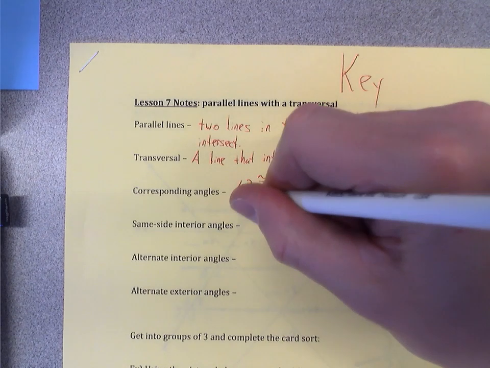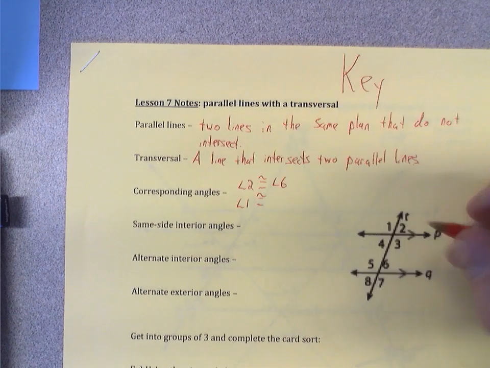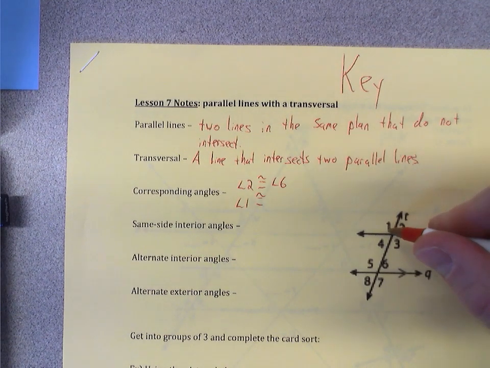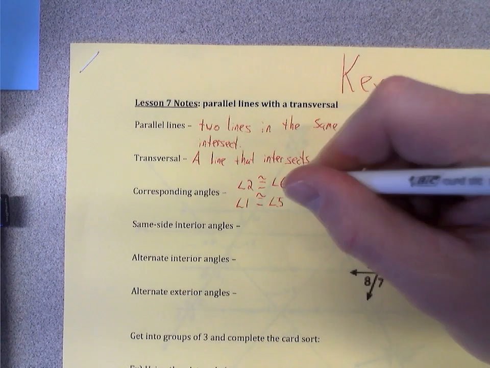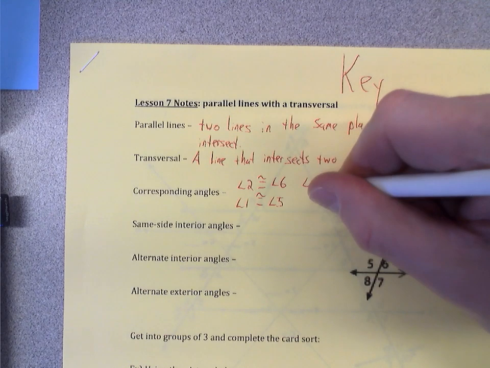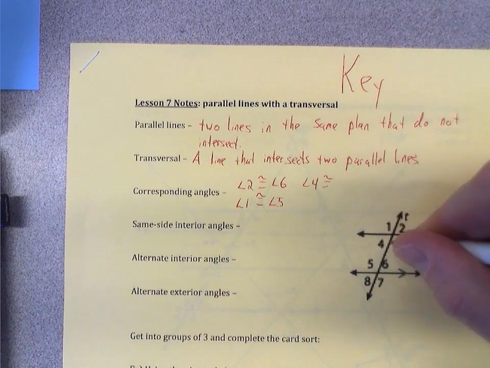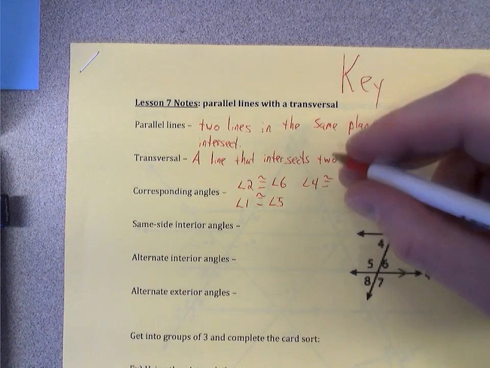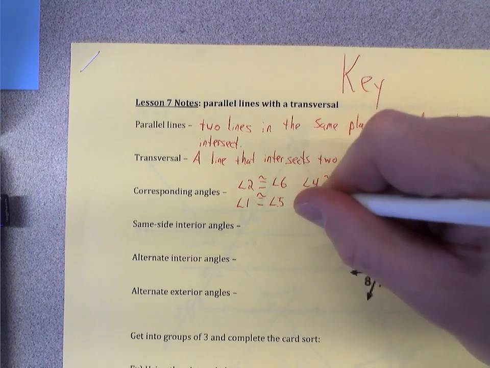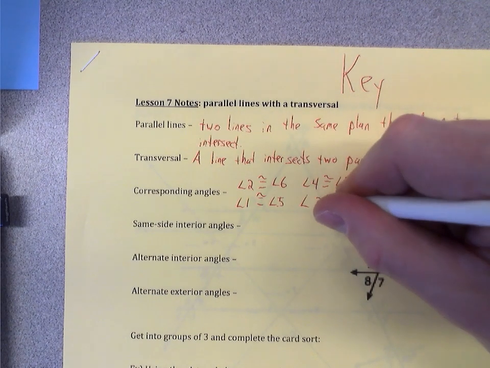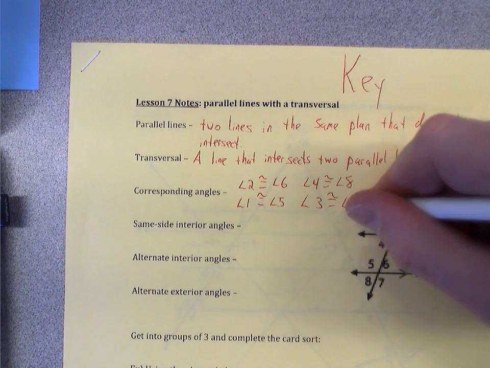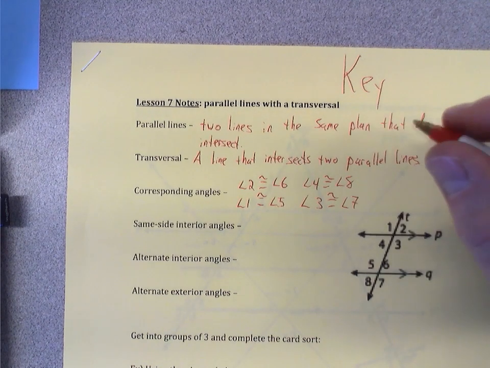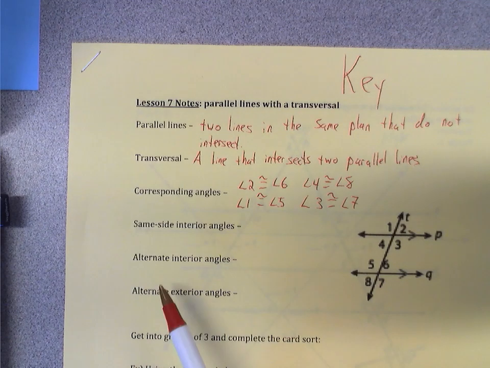Also, angle 1 is going to correspond with angle 5, angle 4 is going to correspond to angle 8, and angle 3 is going to correspond to angle 7. So those are corresponding angles.